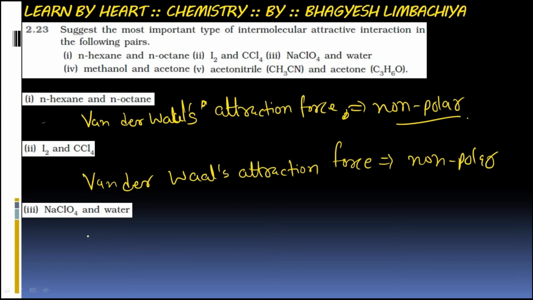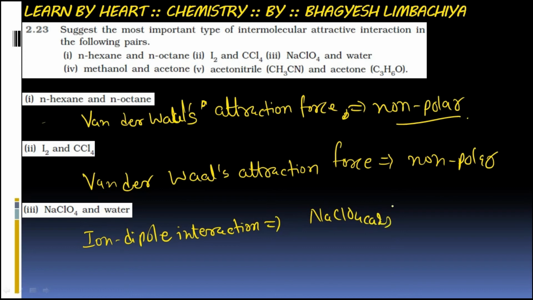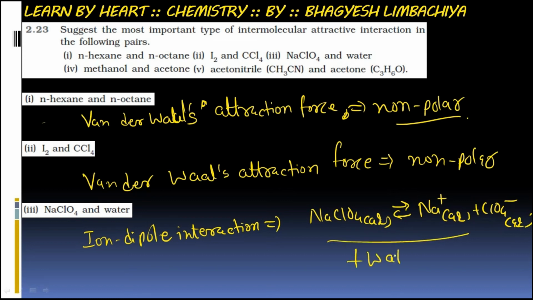Next, NaClO4 is an ionic substance. So here ion-dipole interaction force is applied, and the reason is NaClO4 is ionized into two components, Na+ (aq) and ClO4- (aq), and it is mixed with water, and water is polar. That's why ion-dipole interaction occurs.